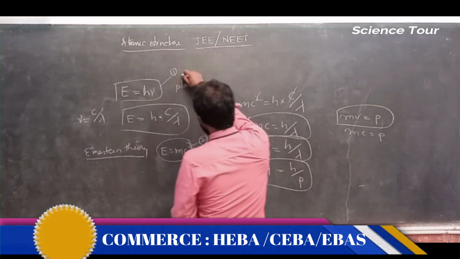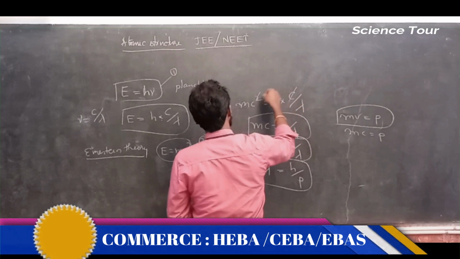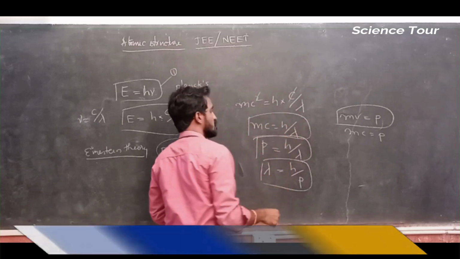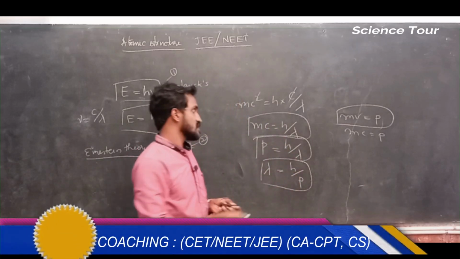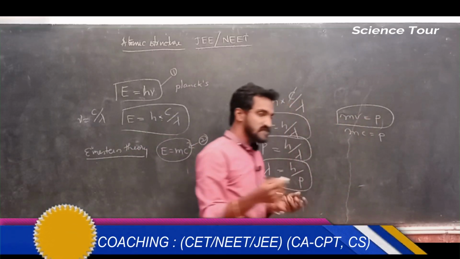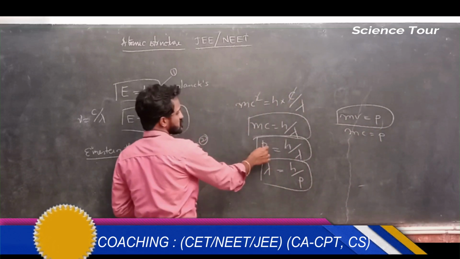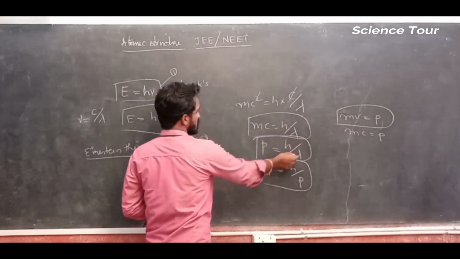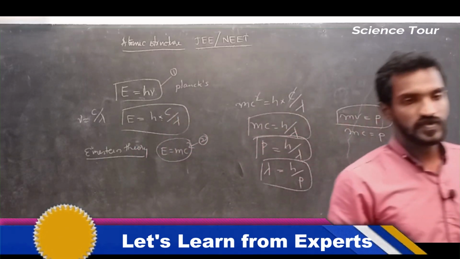So using 1 and 2, mc square is equal to h into c by lambda. c gets cancelled, and mc is h divided by lambda. mc is mass into velocity, which is nothing but momentum, p. So I substitute p for mc, giving p is h by lambda, or taking lambda to this side, lambda is h by p. Note down, my dear students.